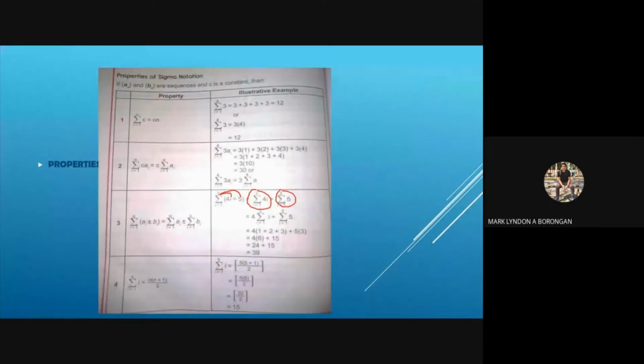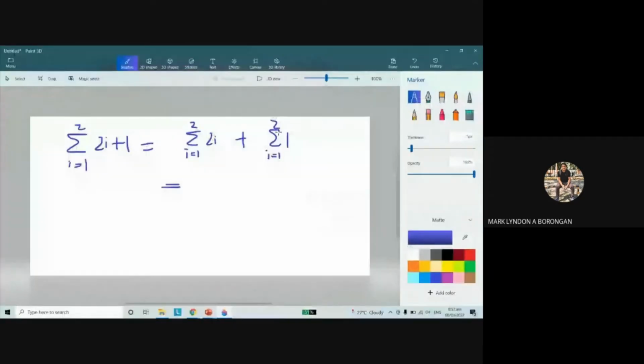So 1 times 2 is just 2. For the first term, it is 2i times 1, so you add and multiply: 2 times 1 plus 2 times 2, since the upper limit is 2.